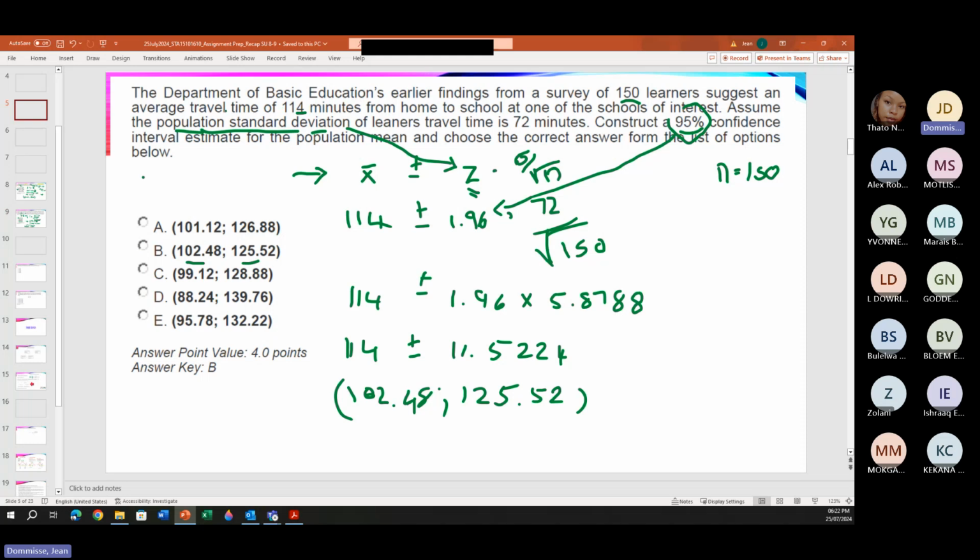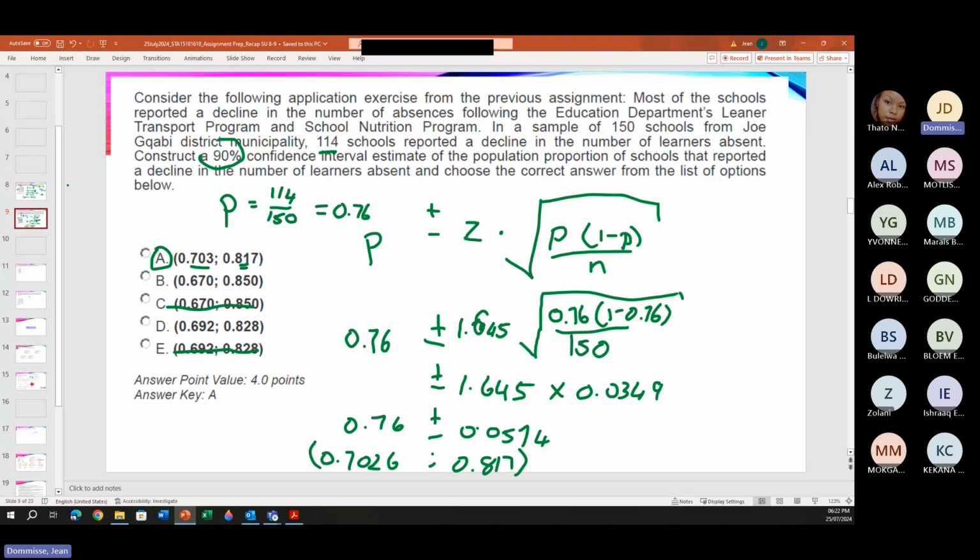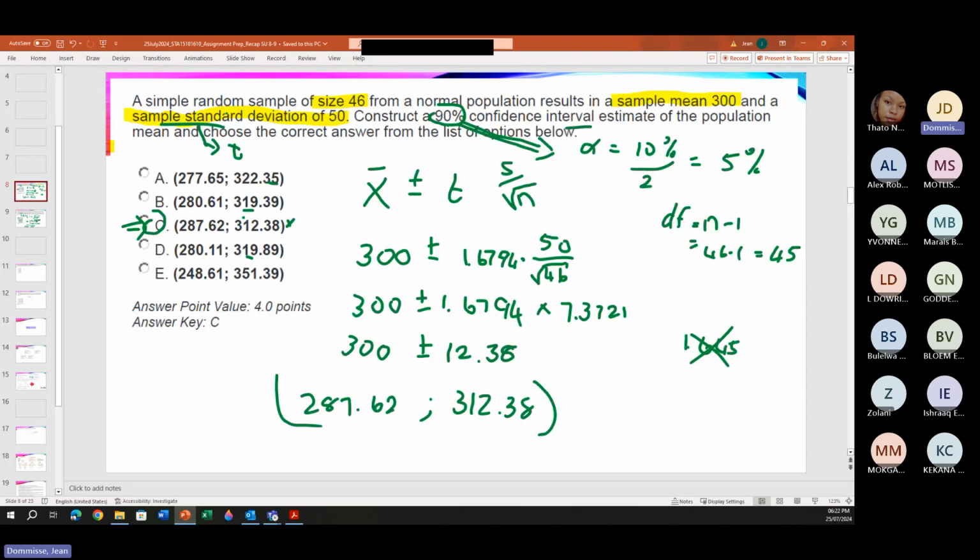They need to tell you what the population standard deviation is for you to use Z, else they will tell you to use the sample standard deviation.